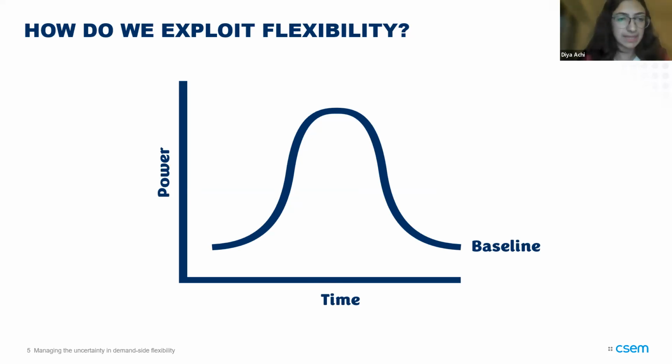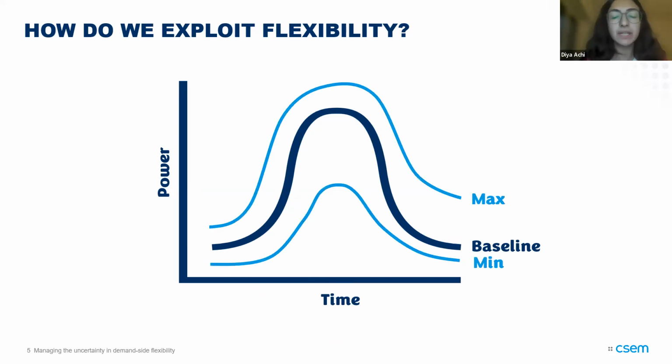What I mean by that is that if we have an asset and we know its baseline power across a time horizon, what we would like to know is what is the minimum and what is the maximum power that we can reach at any time step while respecting all the constraints of the assets, whether it's technical, so you can think of the maximum power that an asset can reach, or if it's related to the comfort of the user.